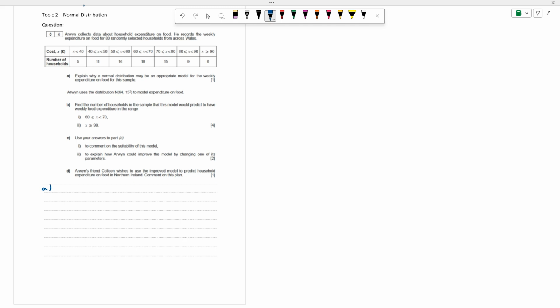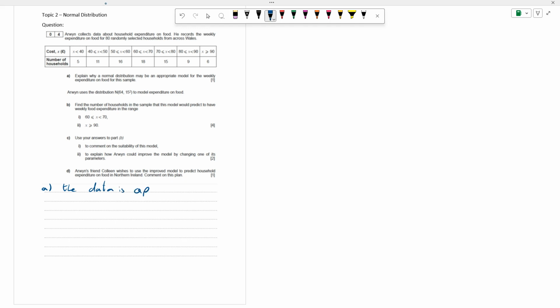Okay, so trying to get me to describe why this is. Now, what you can't do is just say it's a bell-shaped curve, because it's not exactly a bell-shaped curve, is it? We can say, though, it's approximately symmetrical. We've got a peak in the middle, and then it tails off either end. So you've got two ways of describing it. Either I'm going to say, nice and straightforward, the data is approximately symmetrical.